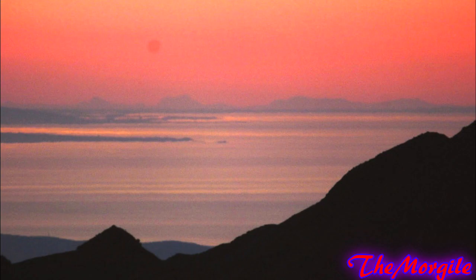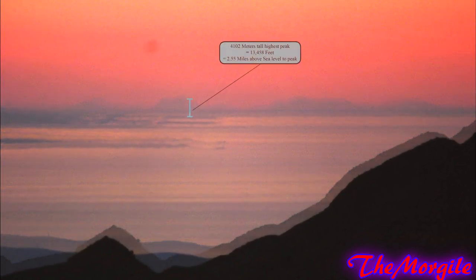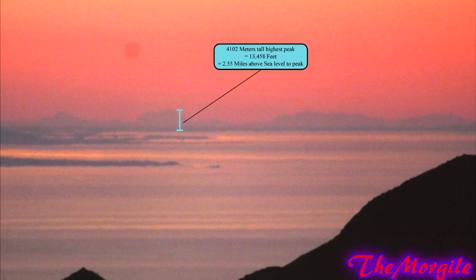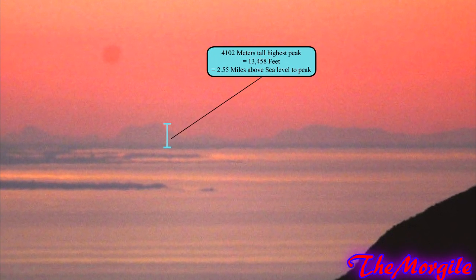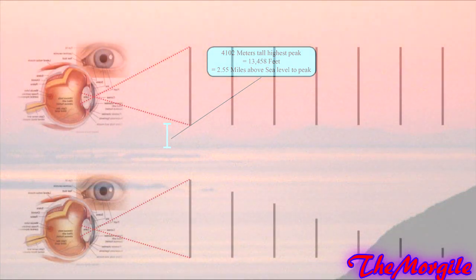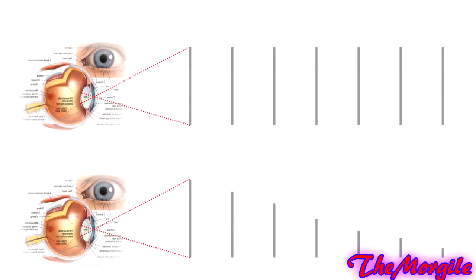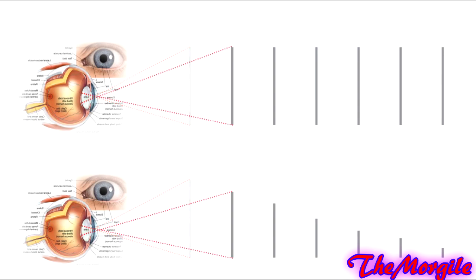We're seeing a mountain that is 2.5 miles tall, that appears to be very small due to perspective. And so what we're witnessing in reality is the operations of perspective, which happen within the human eye. The actual world doesn't obey the laws of perspective from a third person sort of viewpoint.